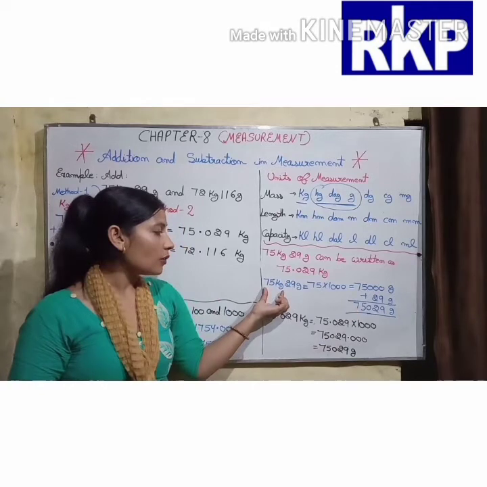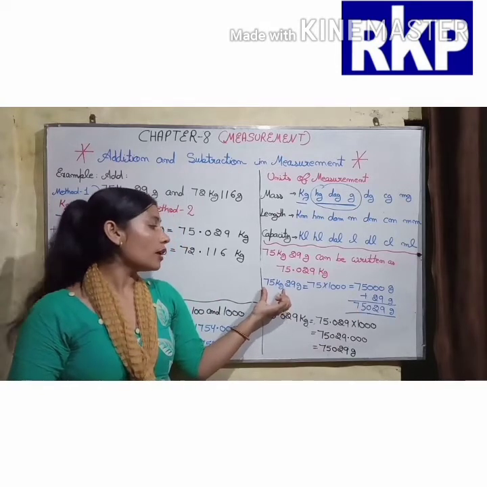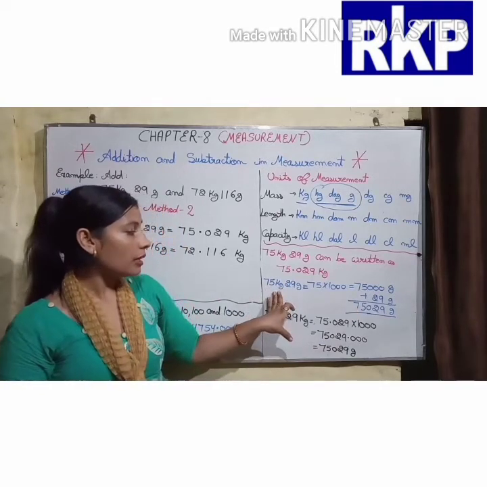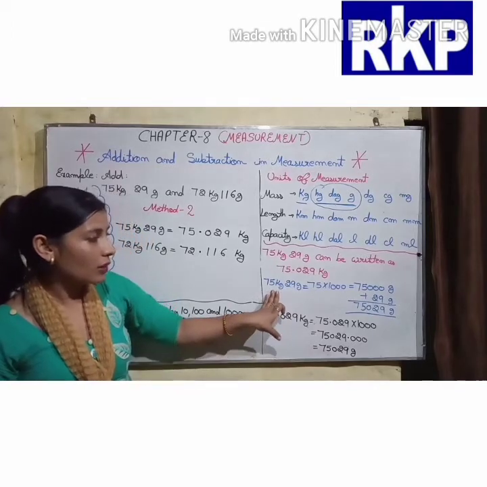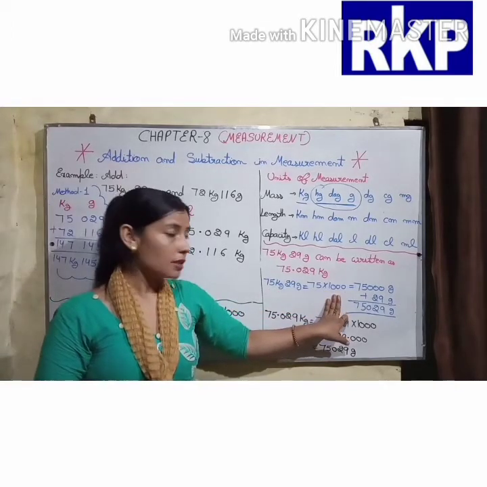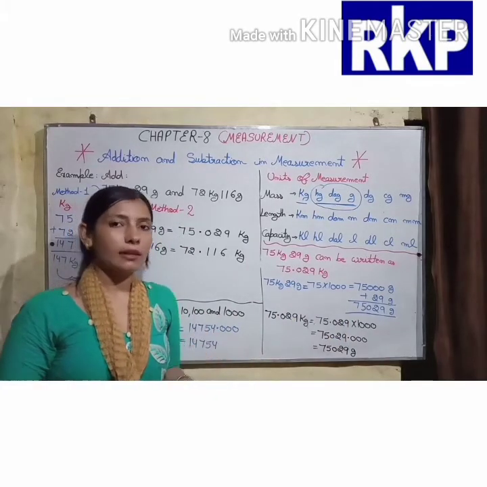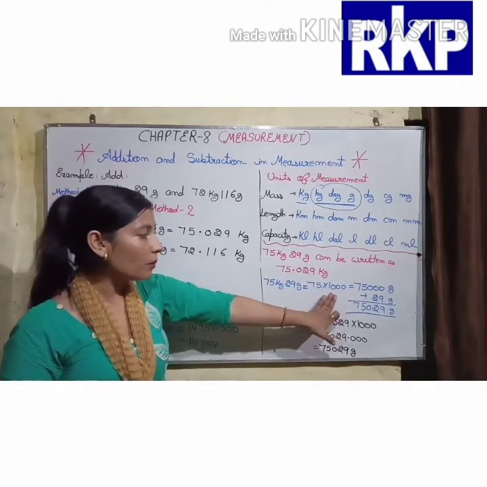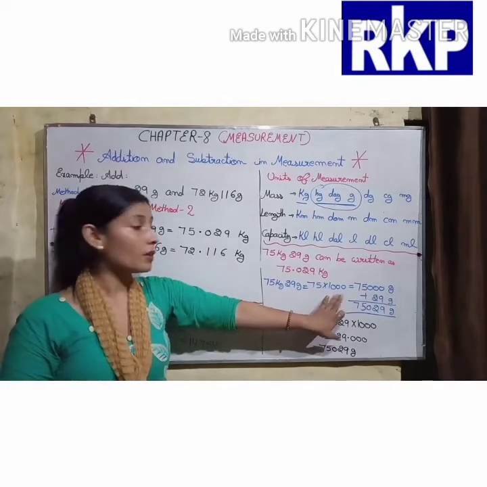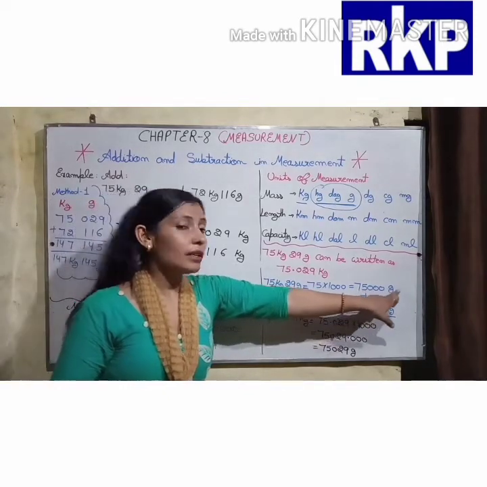Here we have 75 kilograms, so to convert into grams we multiply 75 with 1000, because we know 1 kilogram is equal to 1000 grams. So we get 75,000 grams.